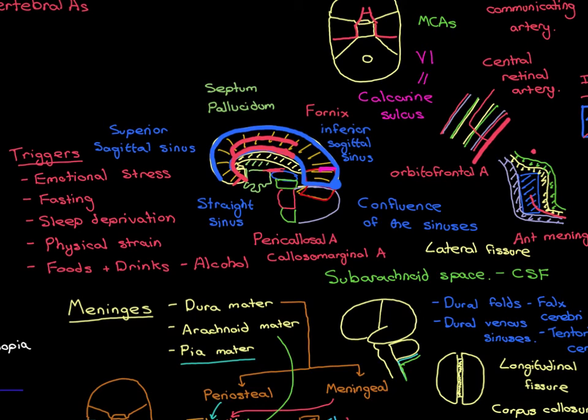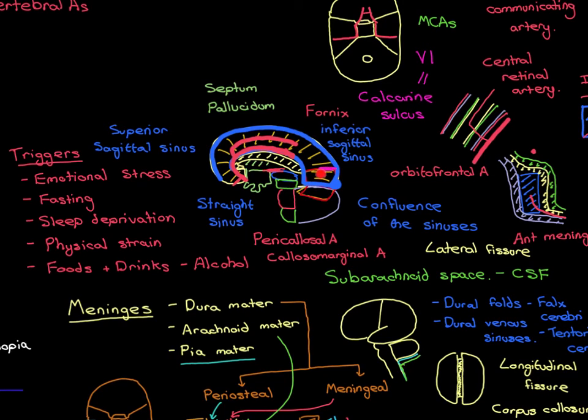Okay, so the Calcarine arteries will come up here in the subarachnoid space that we know is over the pia mater, but beside the falx cerebri. So we know we've got two pieces of subarachnoid space on either side of the falx cerebri.